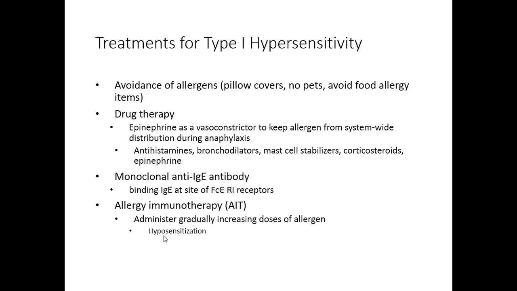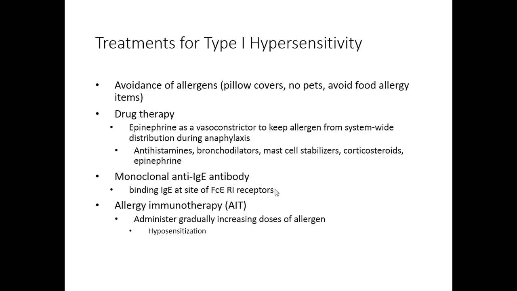But there are also things like allergy immunotherapy, or AIT, where we gradually administer small doses in increasing amounts over a period of time, like a year or more. We gradually increase doses of allergens that we administer to patients. This is a process they call hyposensitization.